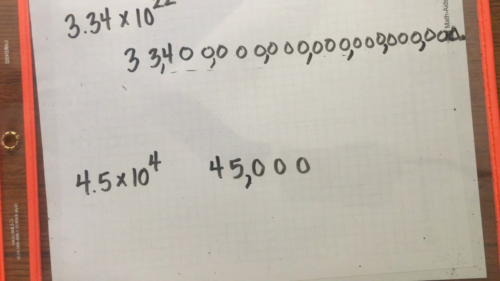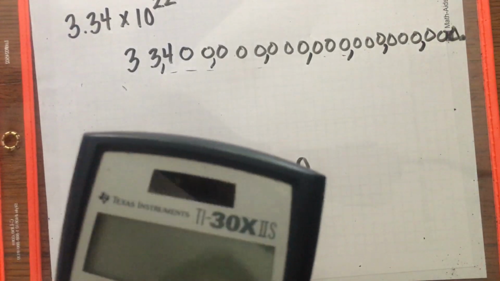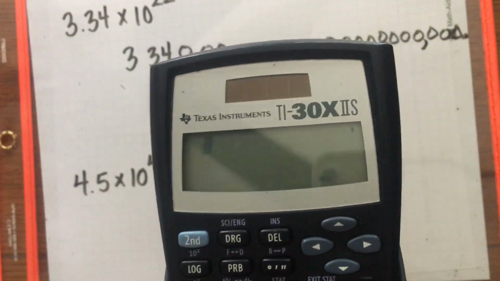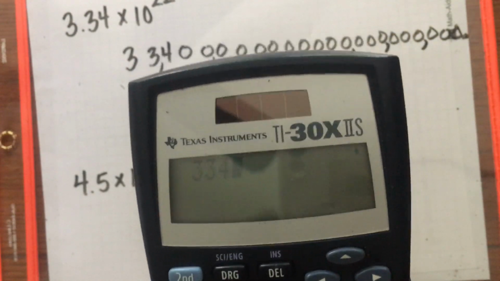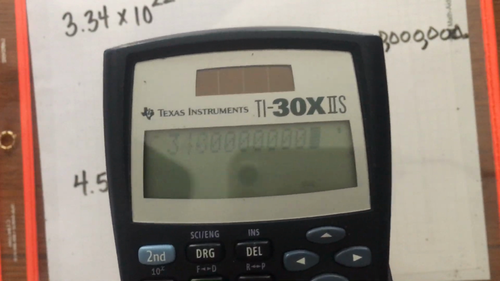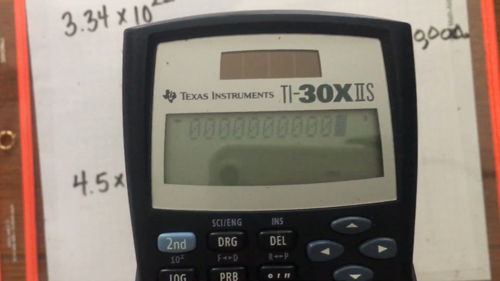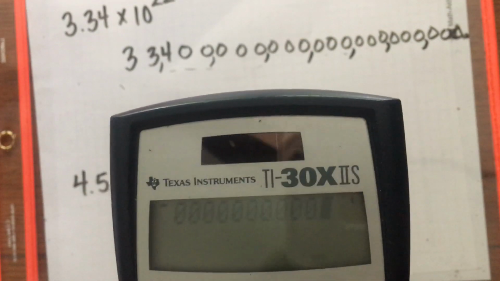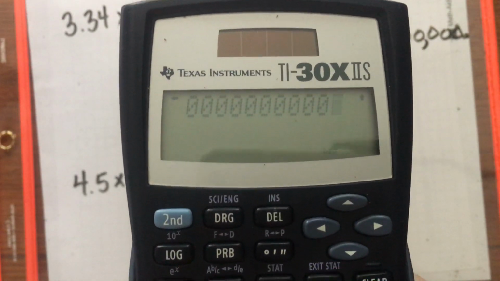You can sometimes enter these into a calculator as well. All right, so let me show you. Clear. So let me show you what it looks like in a calculator. 33, 4, and now I'm going to type in 20 zeros. 1, 2, 3, 4, 5, 6, 7, 8, 9, 10, 11, 12, 13, 14, 15, 16, 17, 18, 19, 20. Hopefully I did that correctly and I didn't double count or skip a count.